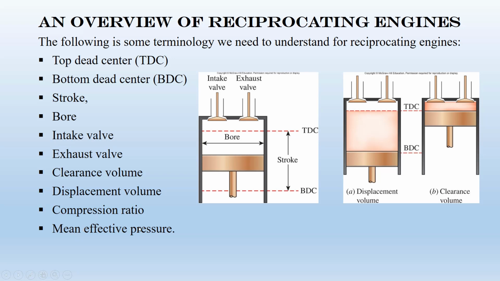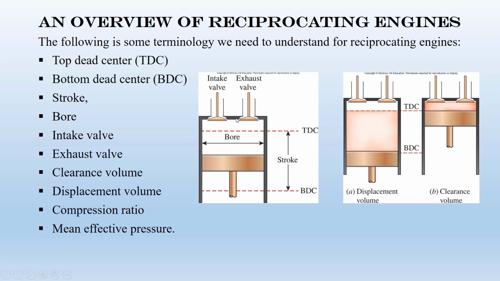Now, this is the general concept for reciprocating engines. Here, to start the combustion reaction, we need to have heat. We need to supply heat to start this combustion reaction.